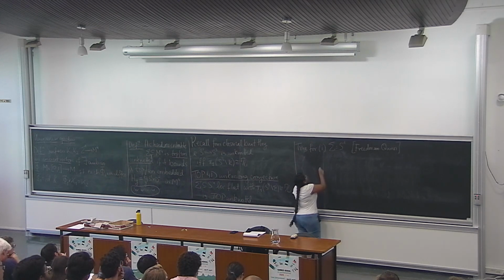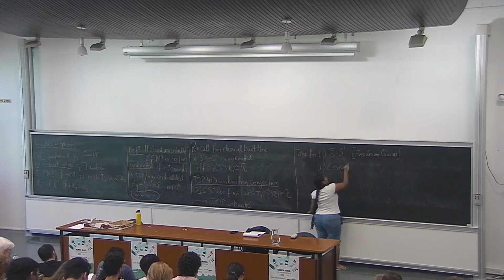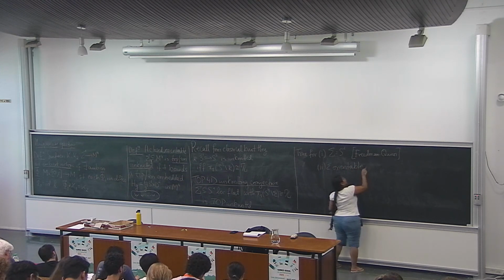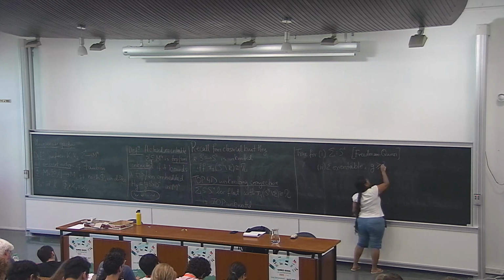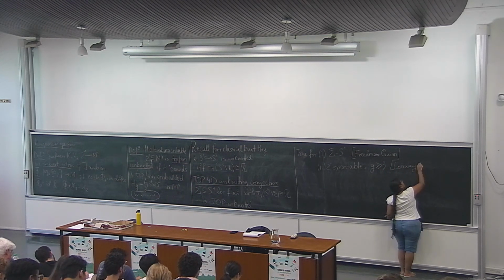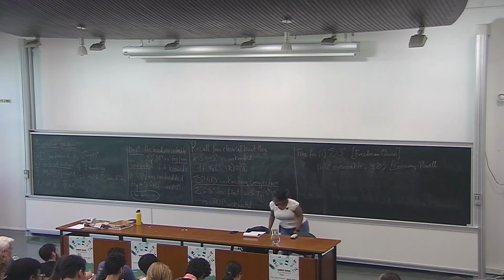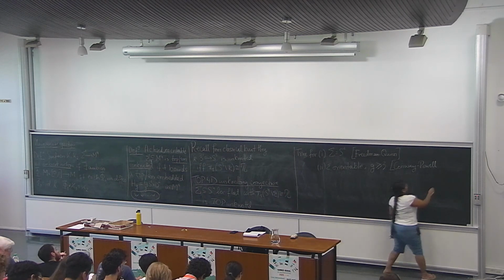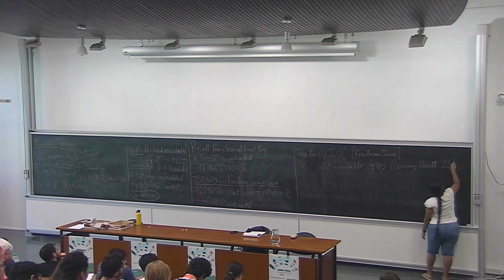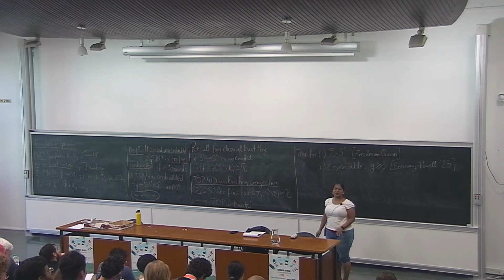And it's true for sigma orientable and genus bigger than or equal to 3 by Conway and Powell, from 23. The g equal to 1 and 2 cases are open.